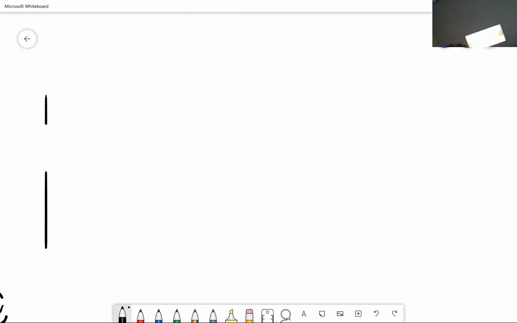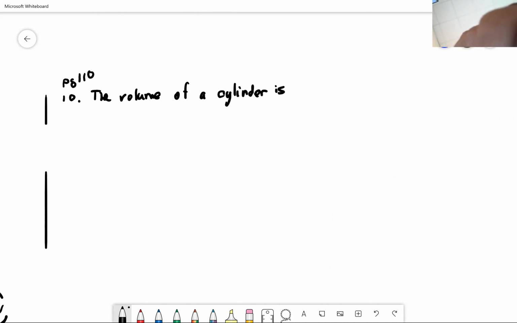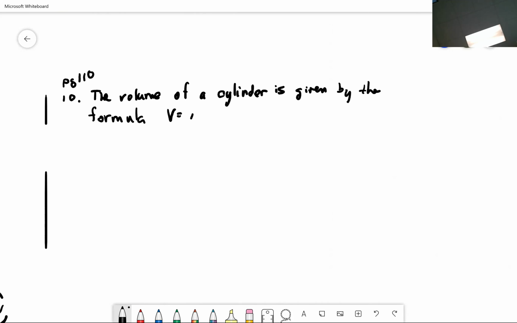It says here, page 110, number 10, it says the volume of a cylinder is given by the formula V equals pi r squared h.